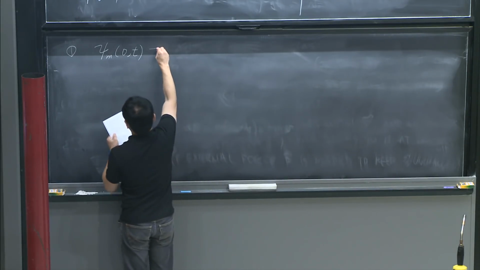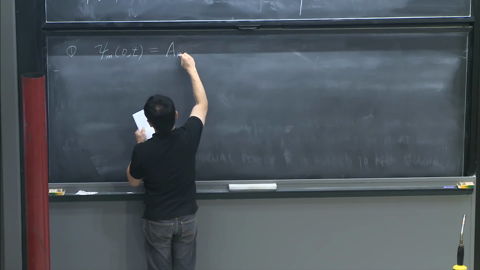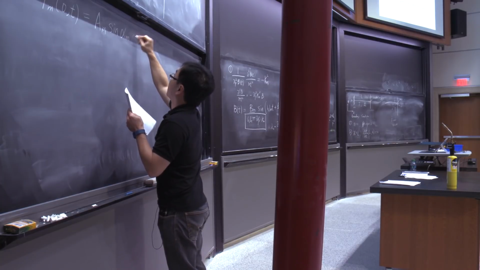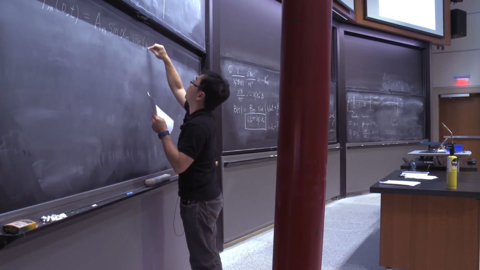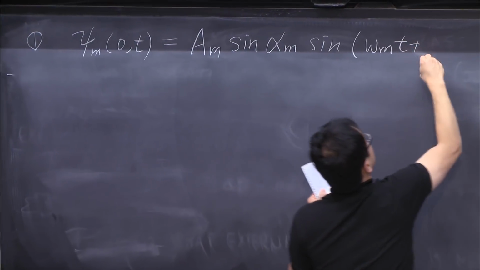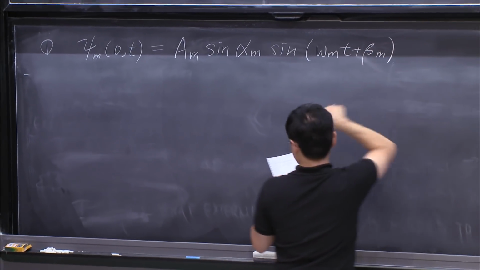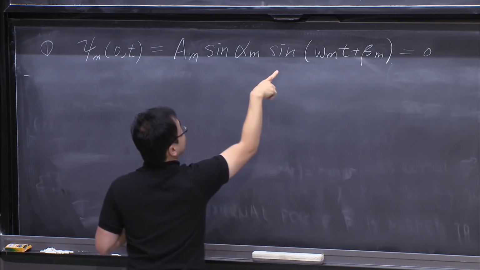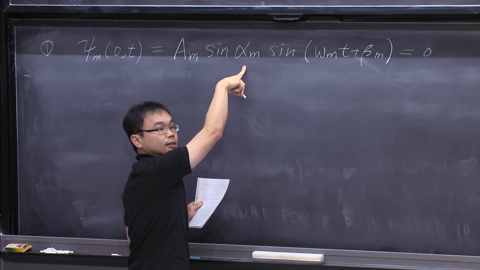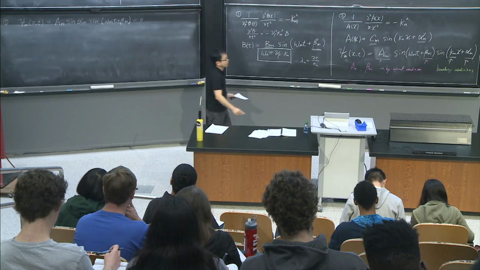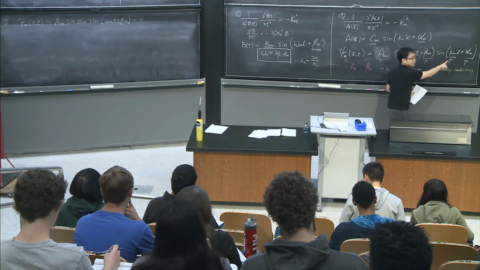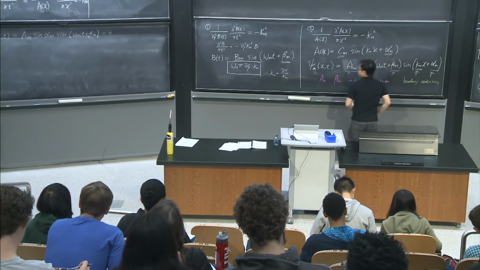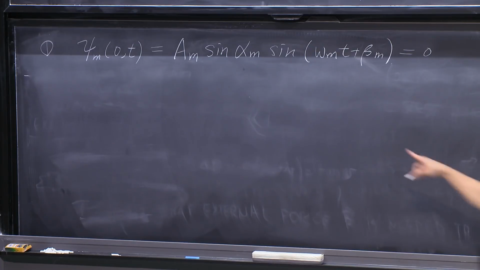And basically what I get is a_n sin alpha_n sin(omega_n t plus beta_n), and this is equal to 0. You only have an alpha_n here because I am setting x to be equal to 0. Therefore you only have that functional form.